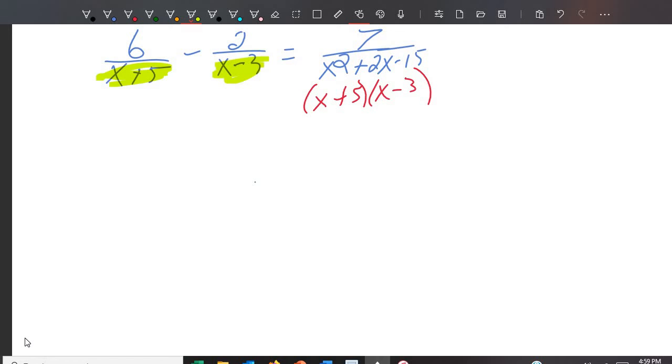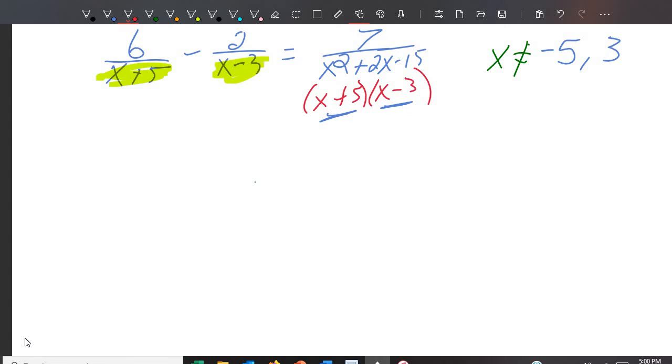So whatever the two binomials are, that's going to be what that factors into. Now, before we do anything else, let's figure out our restrictions on X. According to this one, X can't be negative 5. According to this one, X can't be positive 3. So that's my restriction.